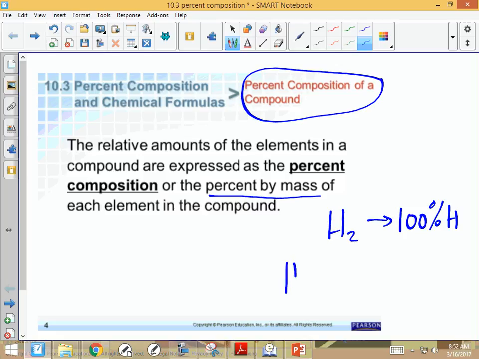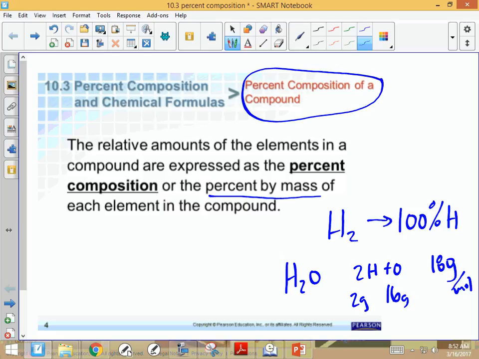But H2O, I'll give you a really simple one, has 2 hydrogens plus 1 oxygen, right? Its molar mass is 18 grams per mole. Now, 16 of those grams is oxygen, and only 2 of those grams is hydrogen.